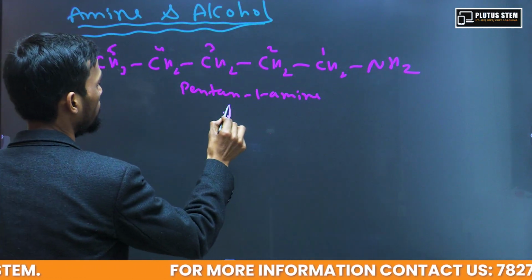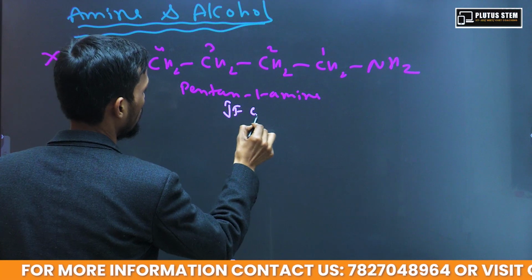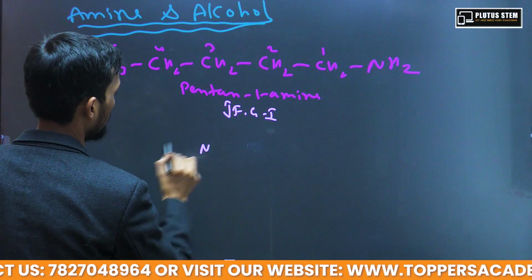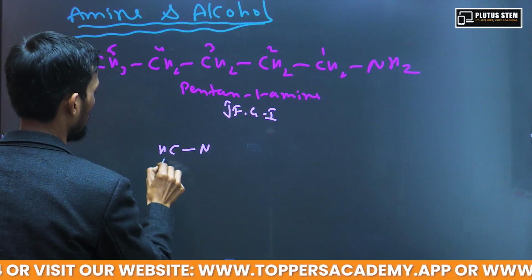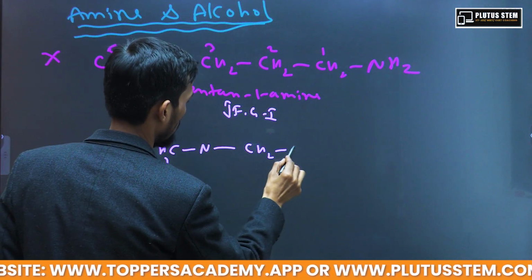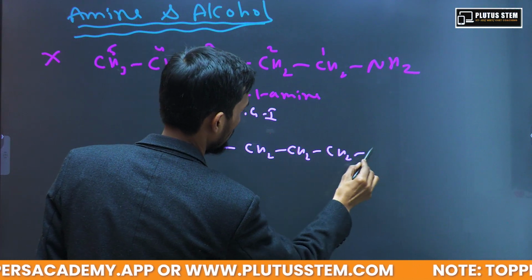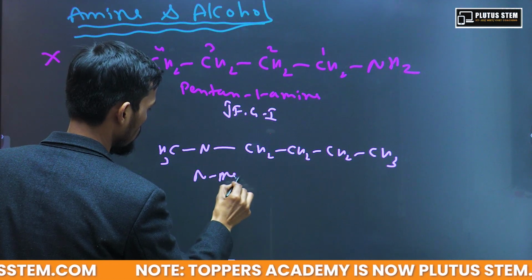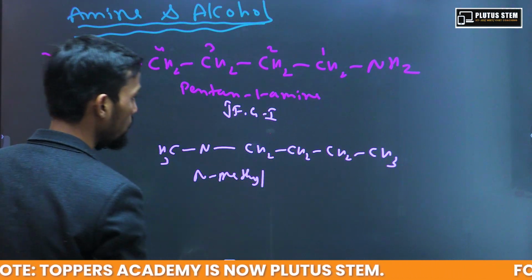If we want to draw some functional group isomers of this compound, this can be like N-methylbutanamine.